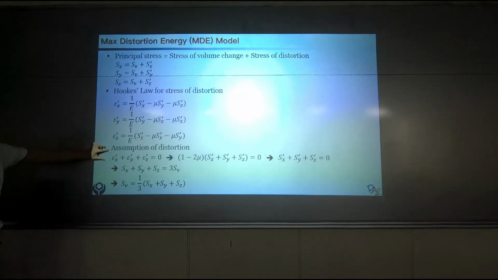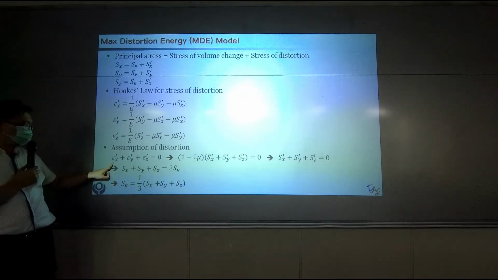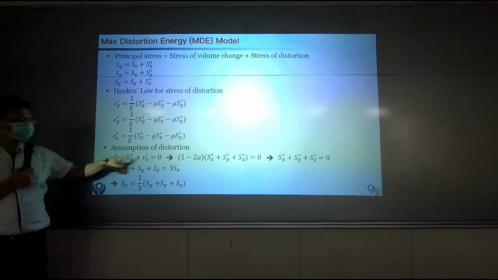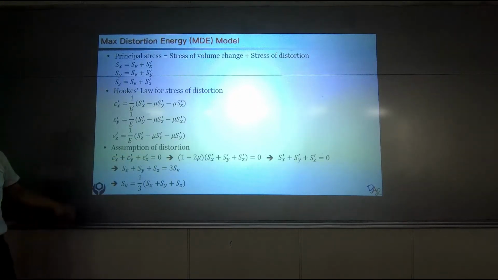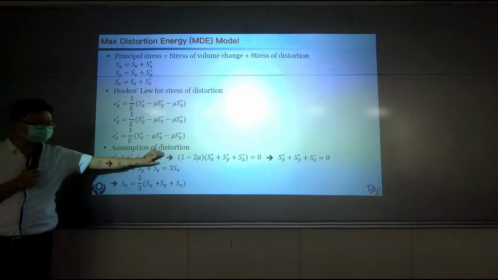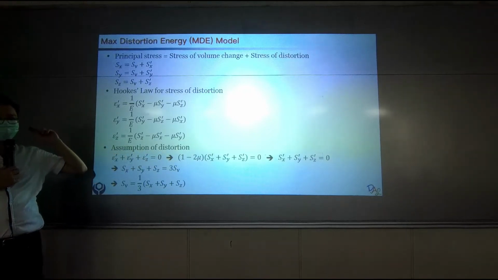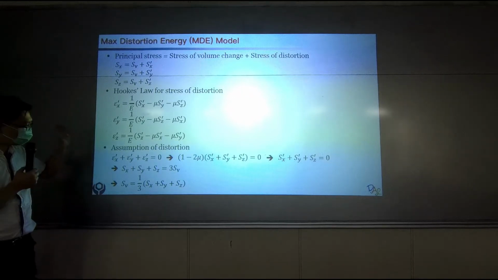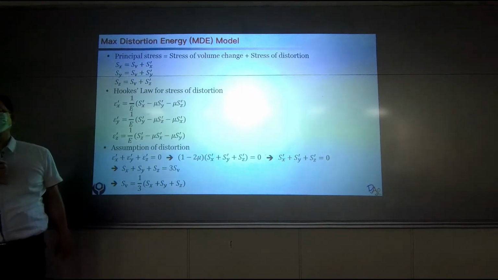mathematically described as this equation. It assumes the sum of strain in each direction equals 0. And they claim this equation is representing zero volume change for distortion.